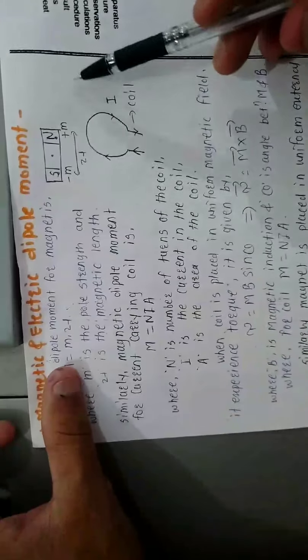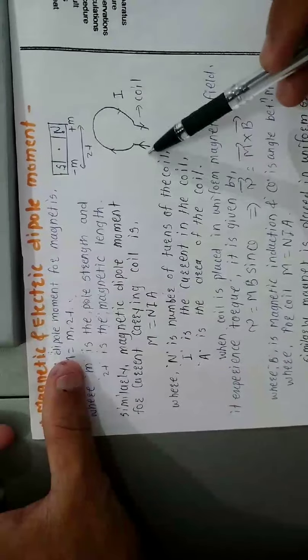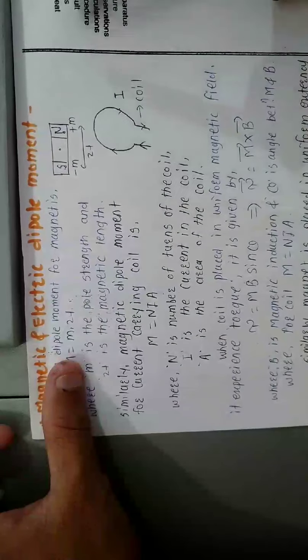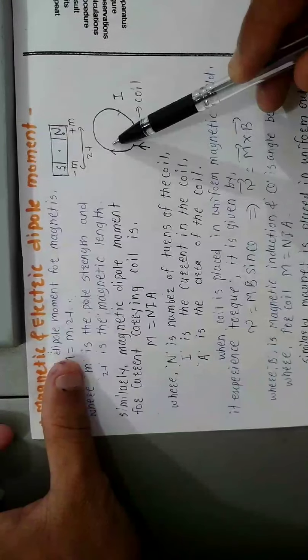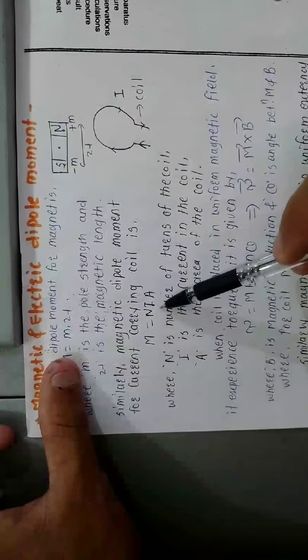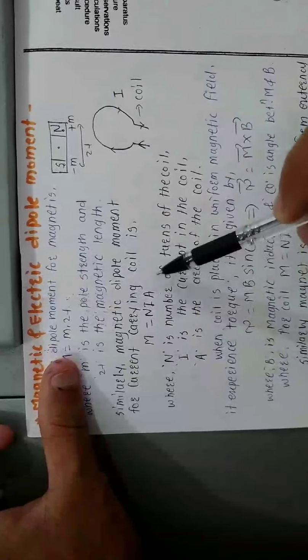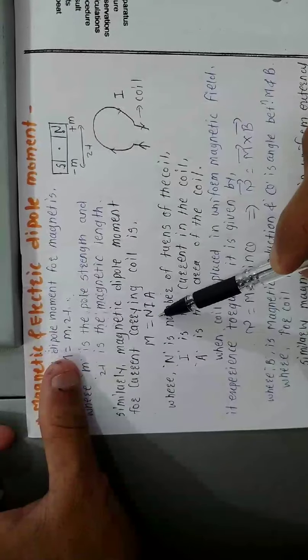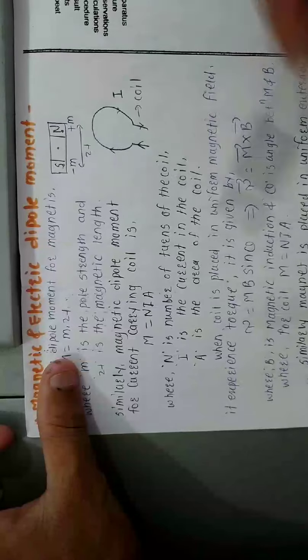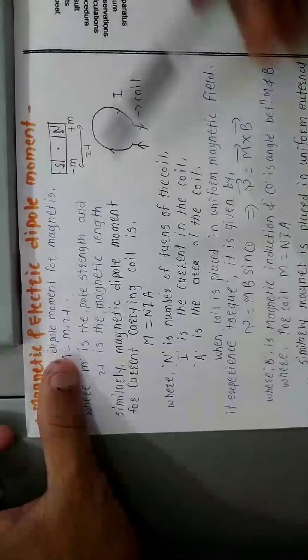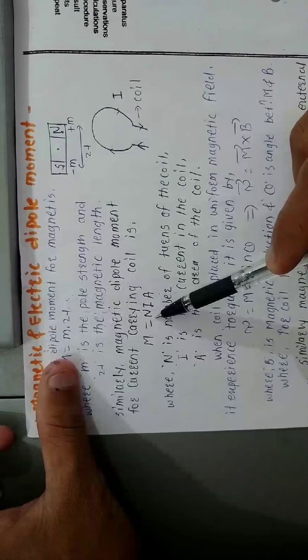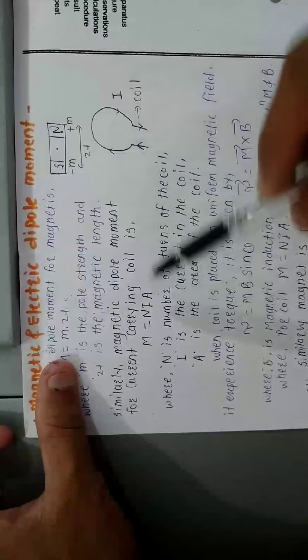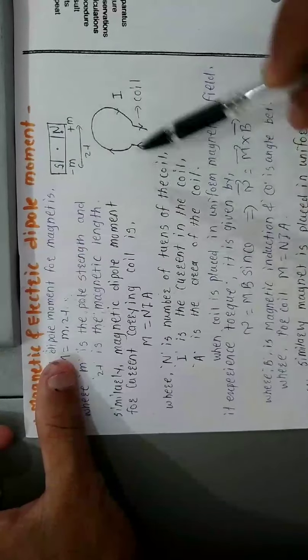If current flows through the coil, it produces a magnetic field. In that case, the magnetic moment is given by NIA. N is the number of turns of the coil, I is the current flowing through the coil, and A is the area of the coil.